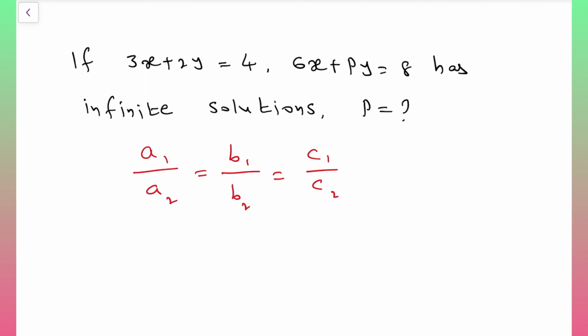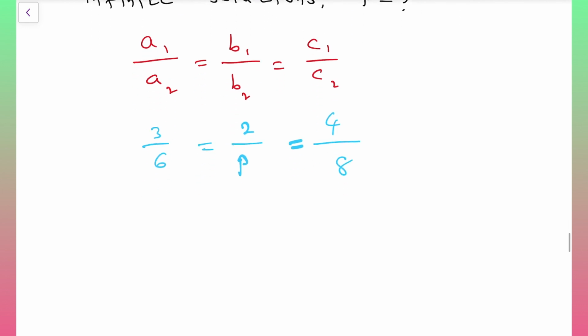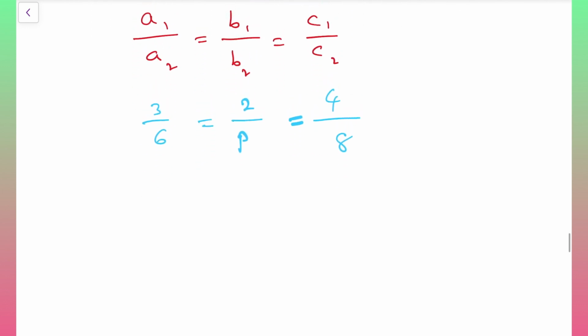First, A1 is 3 and A2 is 6. That should equal B1, 2, by B2, p. That also equals C1, 4, by C2, 8. So 3 by 6 is equal to 2 by p is equal to 4 by 8.